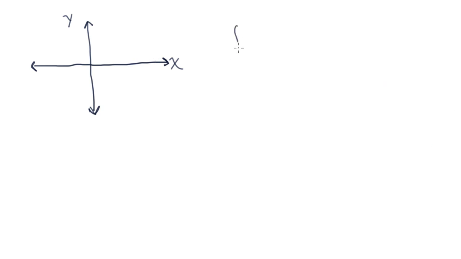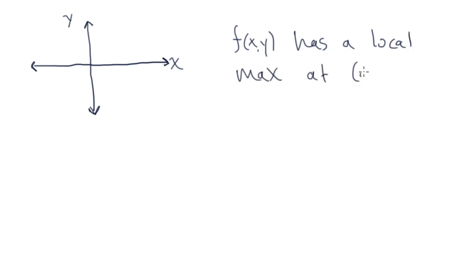So let's say again that f has a local max at this point (a, b). We want to figure out a way to find this local max, or verify that f has the local max at (a, b). So let's put our point (a, b) right here. So that's (a, b).